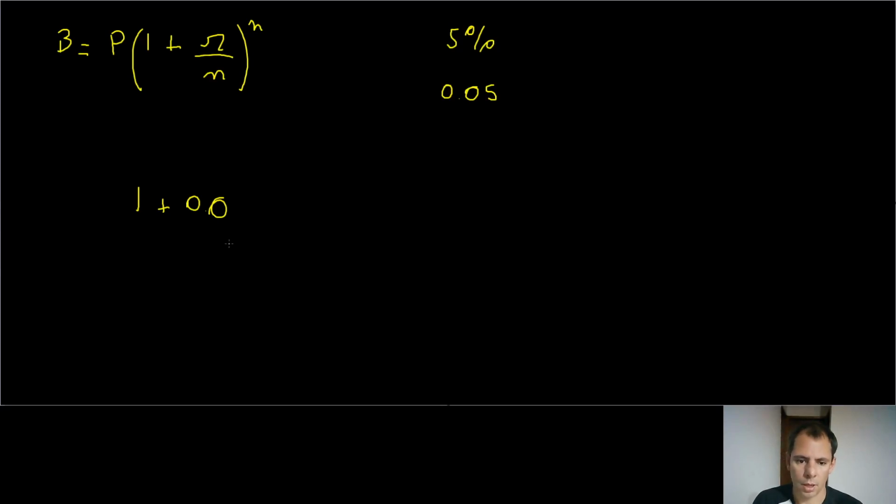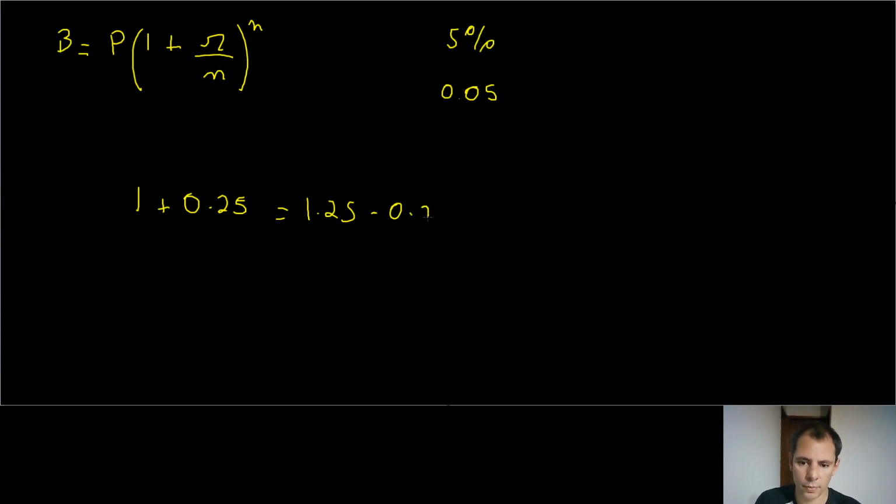Or are you going to do 1 plus, well, let's say 1 plus 0.025, okay, which is half of the interest. And then when you have 1.025, you're going to make a compound interest. You're going to multiply this by 1.025.